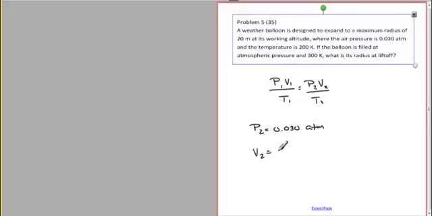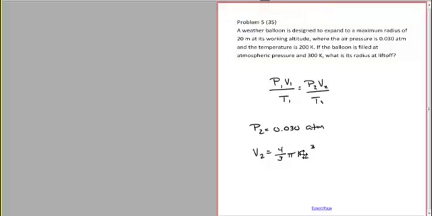So V2 is going to be 4/3 pi R2 cubed. Because that's what we're trying to find. Actually, we know what R2 is, don't we? But we'll leave it in there for right now as radius.